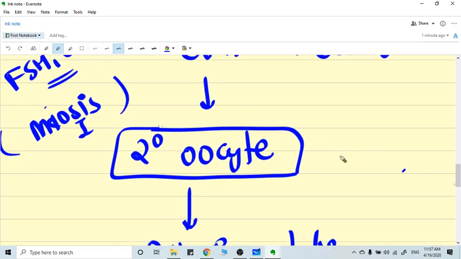Primary to secondary oocyte only, and secondary oocyte has 22X also.